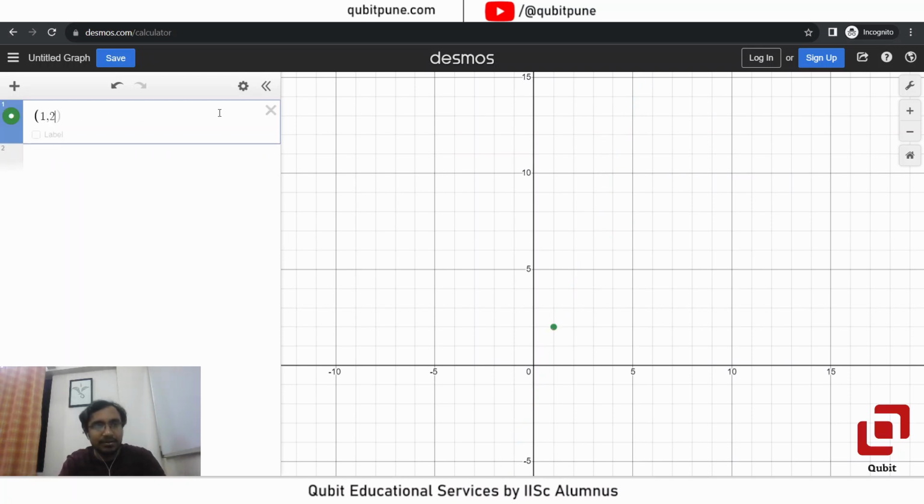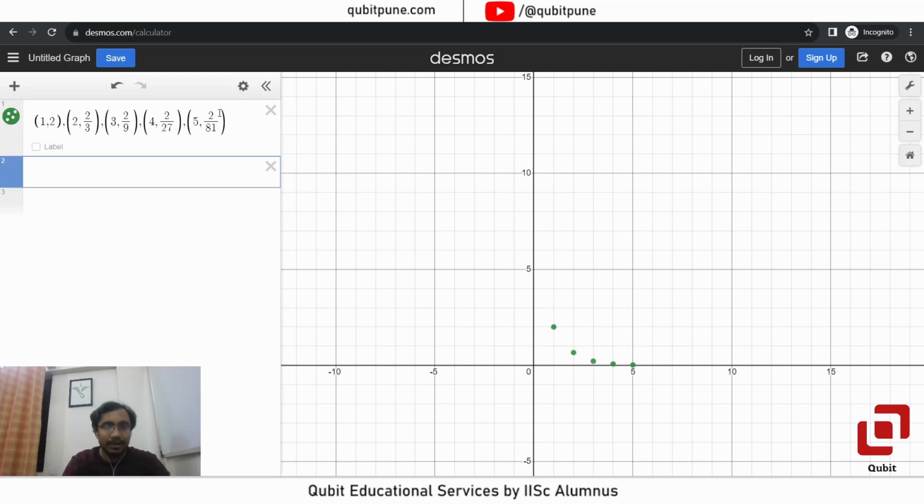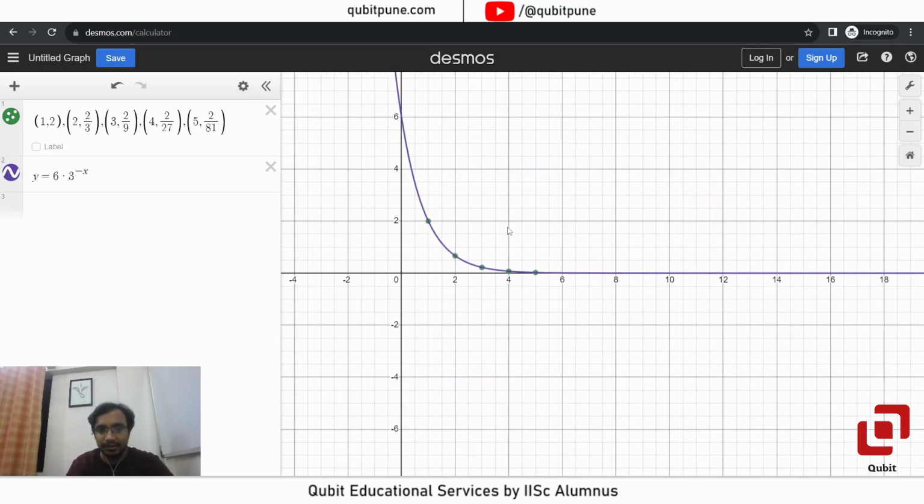Our first term is 2, our second term is 2 by 3, our third term is 2 by 9, our fourth term is 2 by 27, and so on. Let's plot one more. Fifth term is 2 by 81, and if I go to the curve y equal to 6 into 3 raised to negative x, all of them are found to lie on that curve.